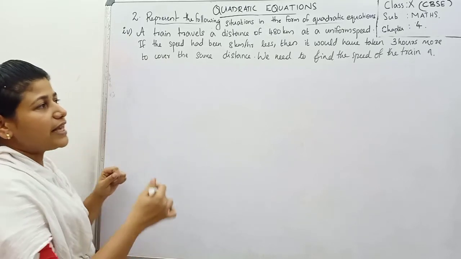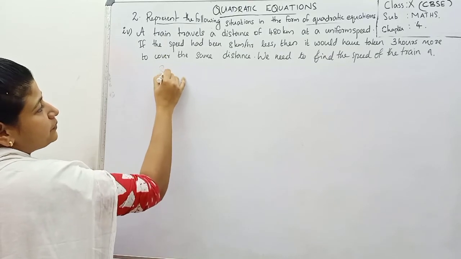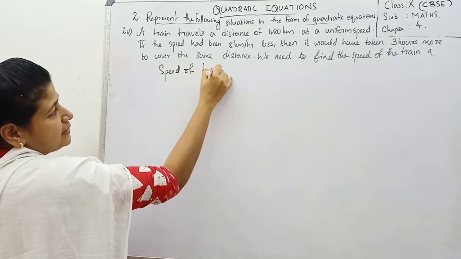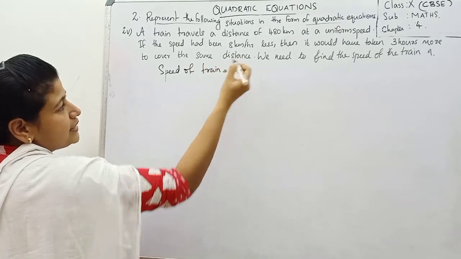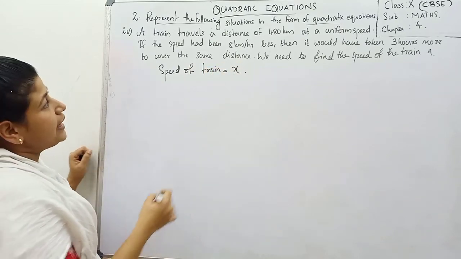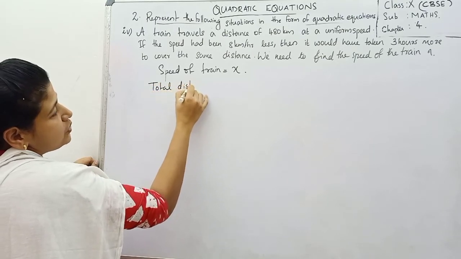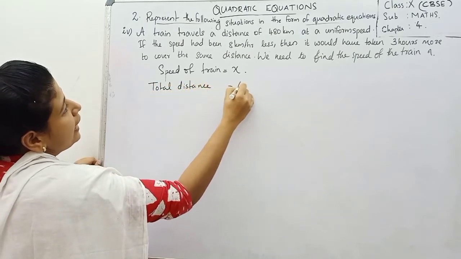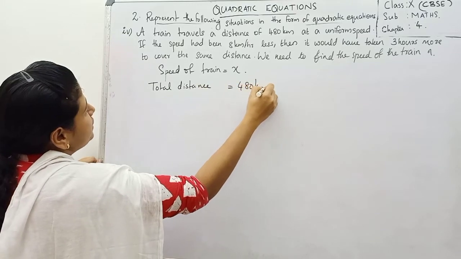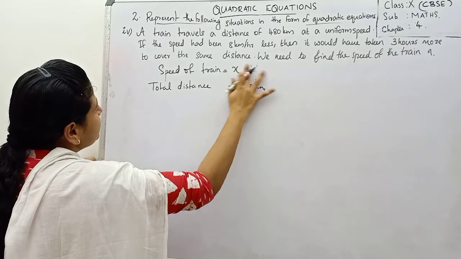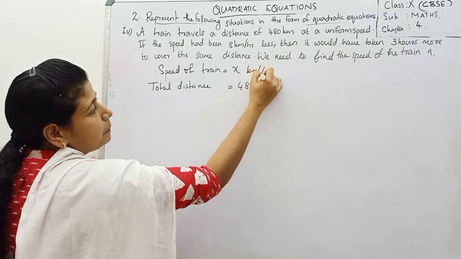So we have to take the speed of the train as x. Speed of train is x, isn't it? And the total distance travelled by the train is given as 480 kilometer. Speed is x kilometer per hour.